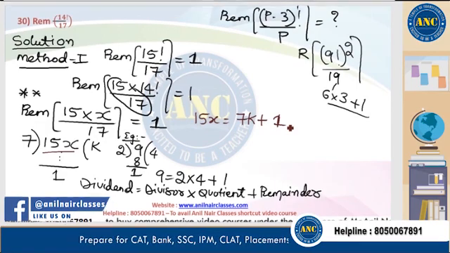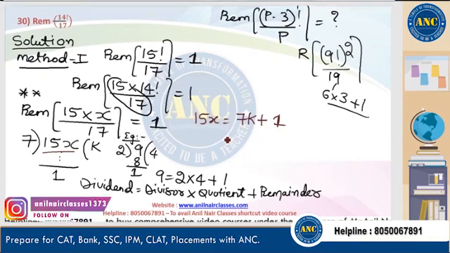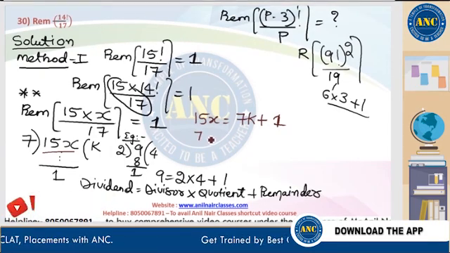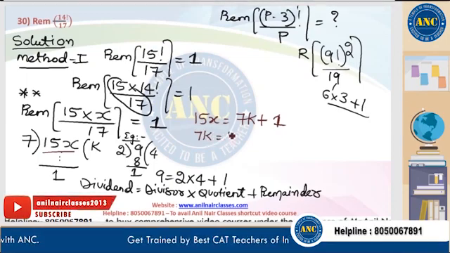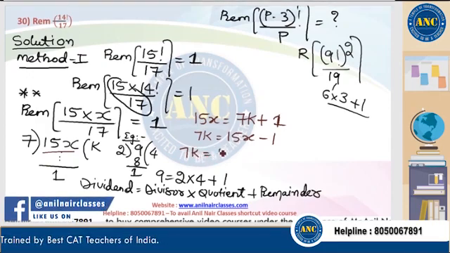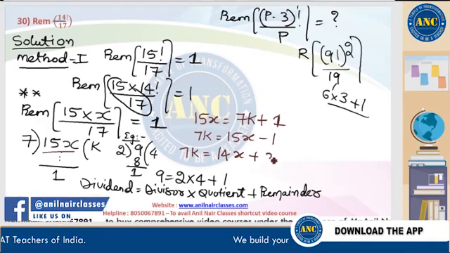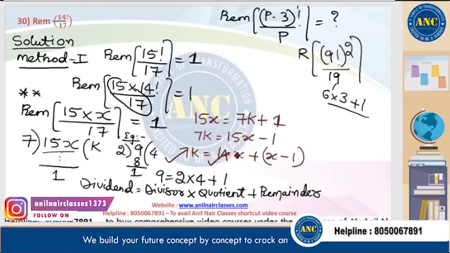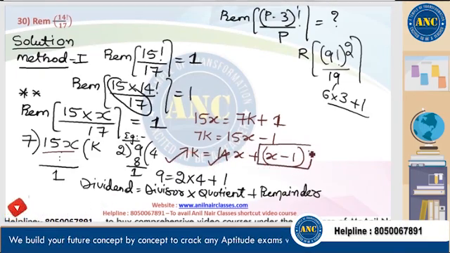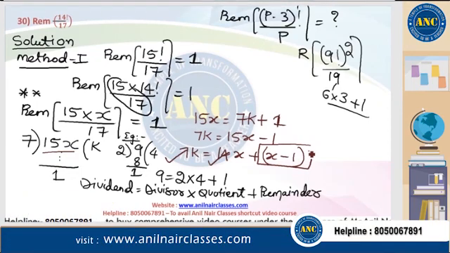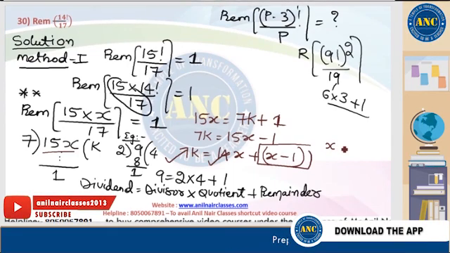15x is equal to 7k plus 1. Now if you observe here, 7k is equal to 15x minus 1, which is 14x plus x minus 1. This is divisible by 7, so x minus 1 should be divisible by 7.